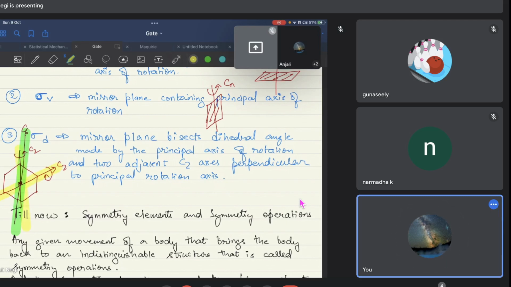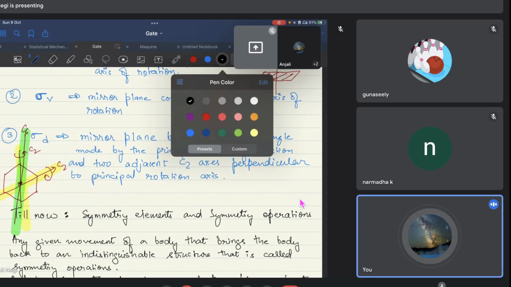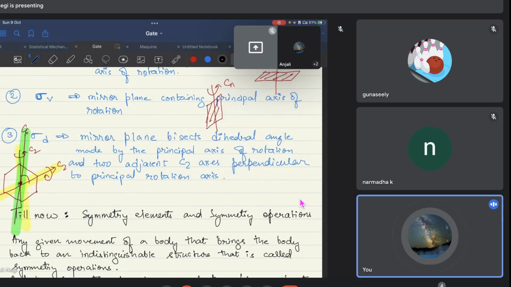So there will be this angle, which will be bisected, and this is my plane.